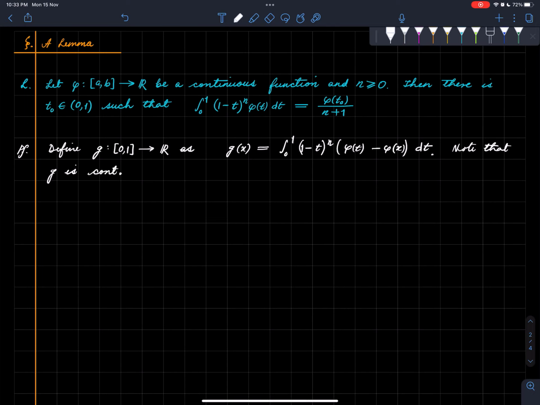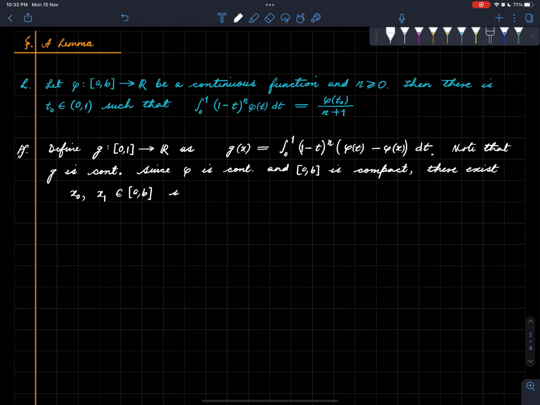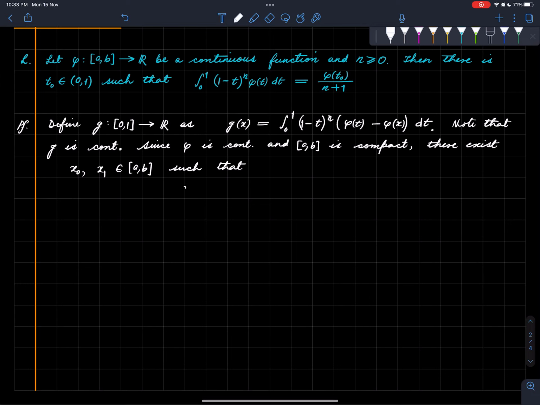Now since phi is continuous and its domain, this closed interval, is compact, we know that there exist points x0 and x1 in the domain of phi such that phi achieves its global minimum at x0 and its global maximum at x1.